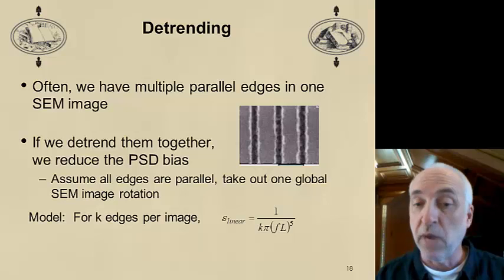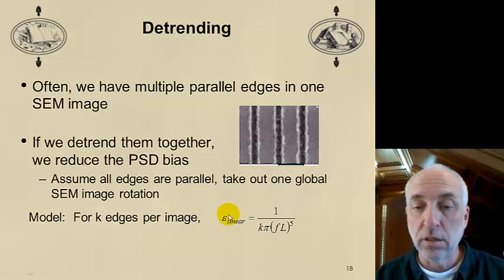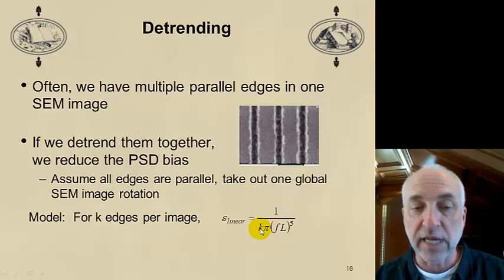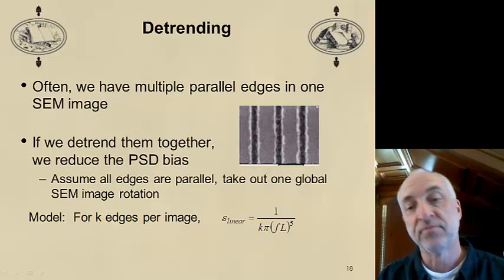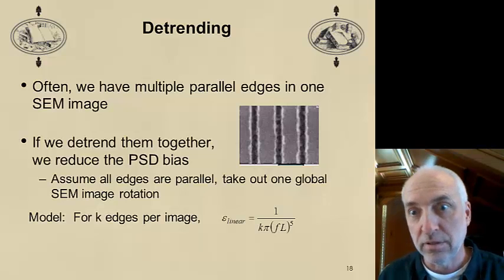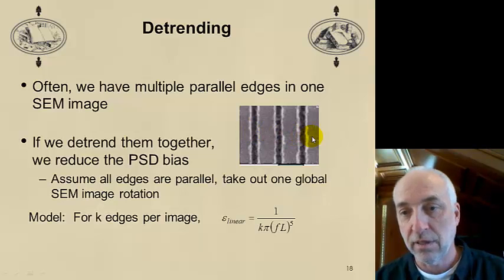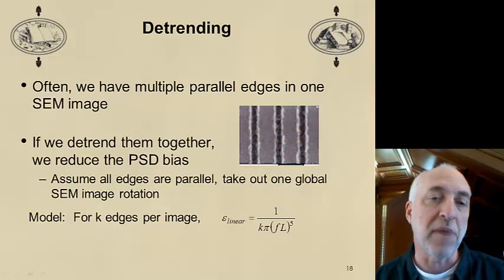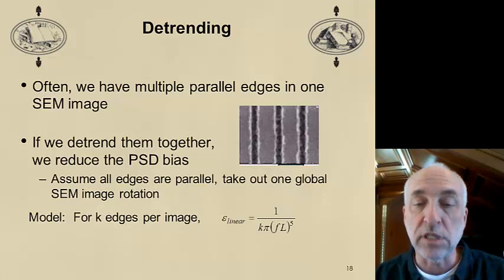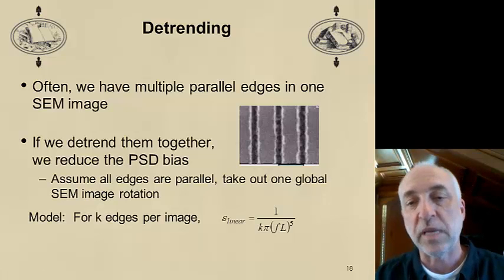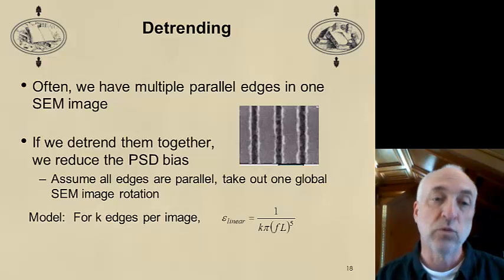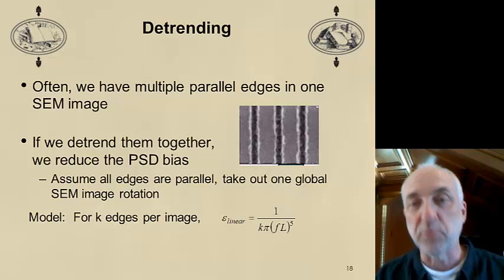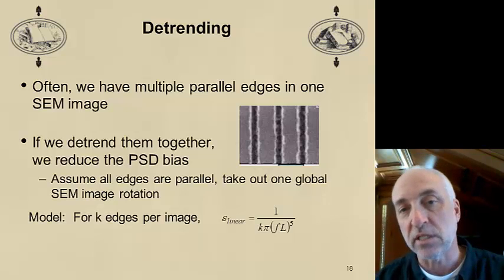What this means is my linear detrending error is reduced by a factor of 1 over k when I have k edges per image. This can be pretty significant. If, for example, I have 6 edges, shown here, I get 1/6 the amount of error. For the lowest frequency, instead of being about a 30% error, that translates into about a 5% error, which is usually small enough to be negligible given the amount of noise I have in my PSDs anyways.